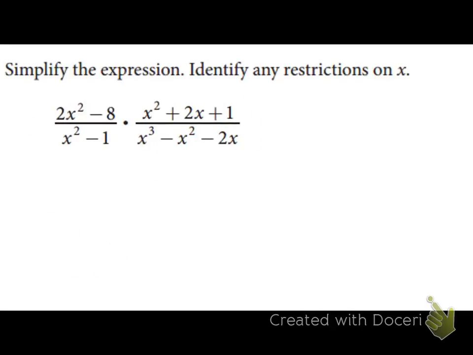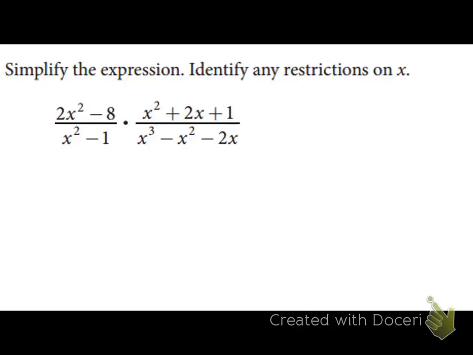Now we have two separate rational expressions, and you see in the middle we have the multiplication. So what we're going to do is we're going to multiply these together. So you have a 2x squared minus 8 over an x squared minus 1. And you're going to multiply that with an x squared plus 2x plus 1 over your x cubed minus your x squared minus your 2x.